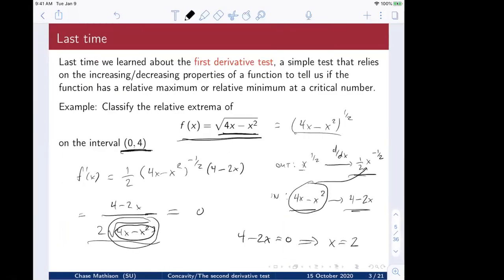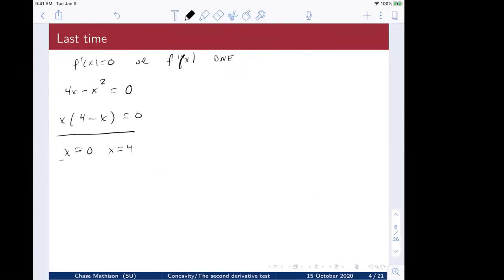So I really have one critical number, x equals 2. So I need to make my chart to look at where f is increasing and decreasing, or where f prime is positive and negative. What numbers are going to go at the top of my chart? Definitely a 2.